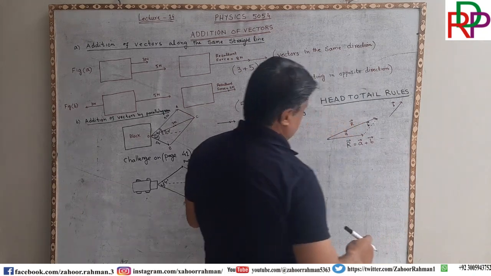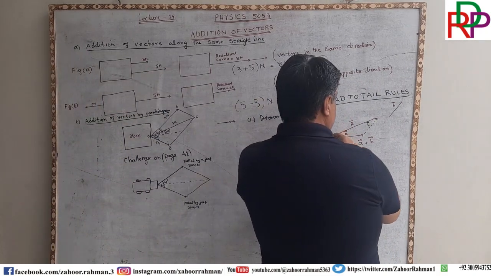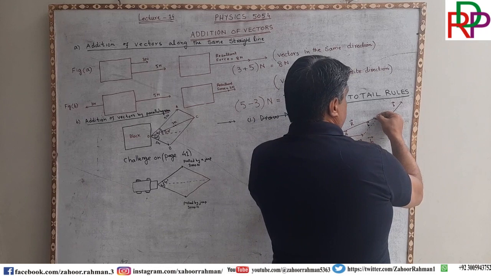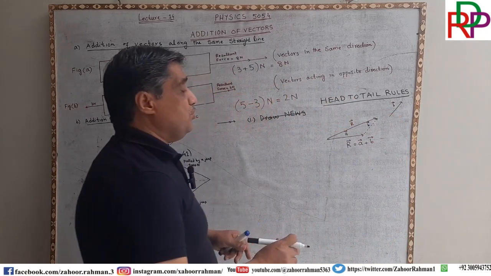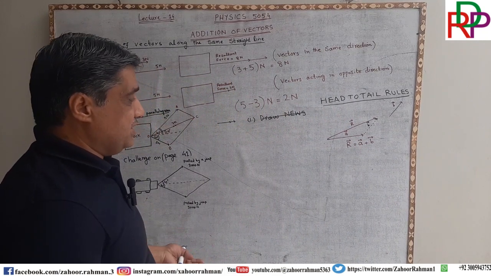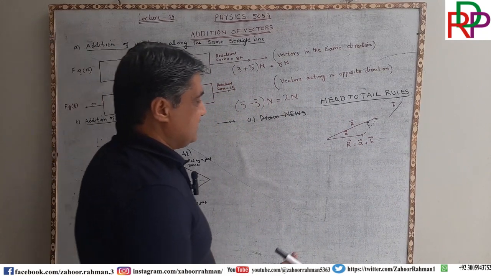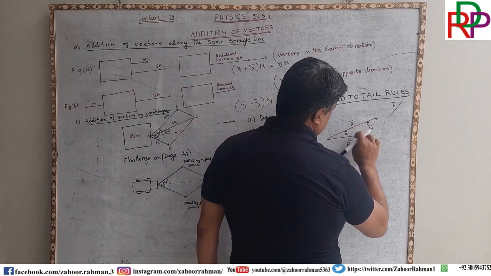That is very easy. So you have to measure this by the scale, and then you have to tell the person who is asking the question that this is the result.